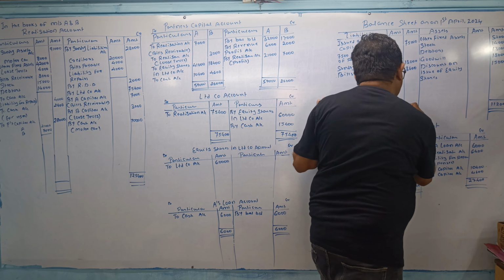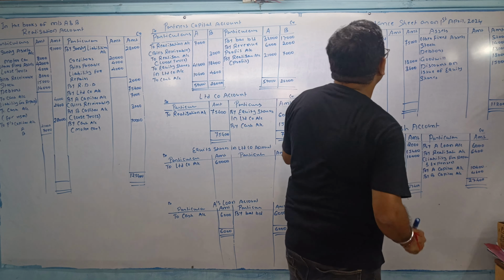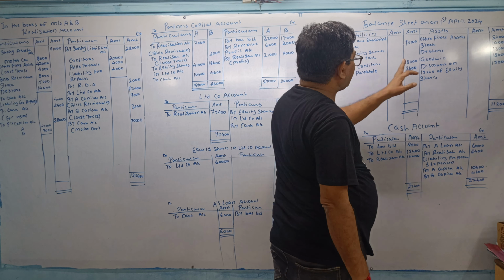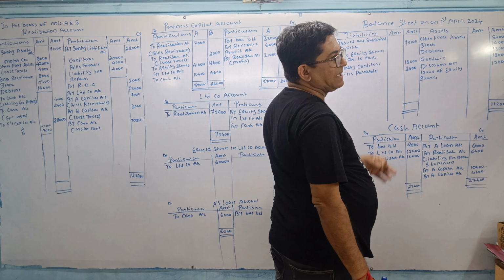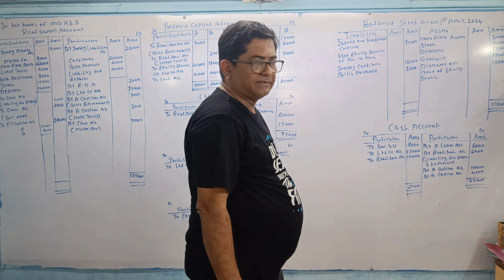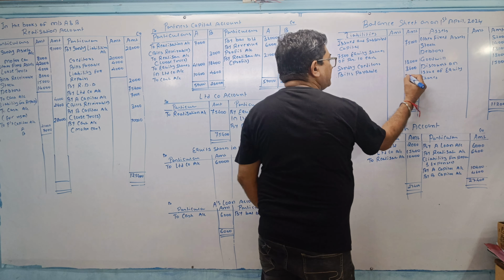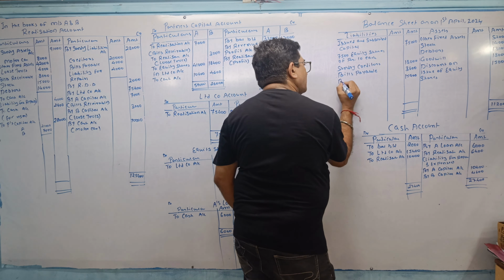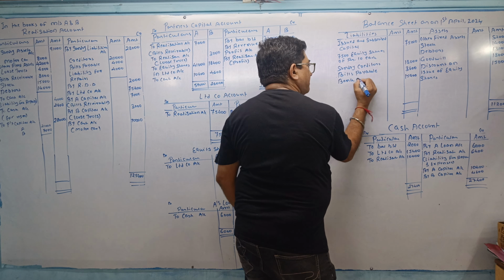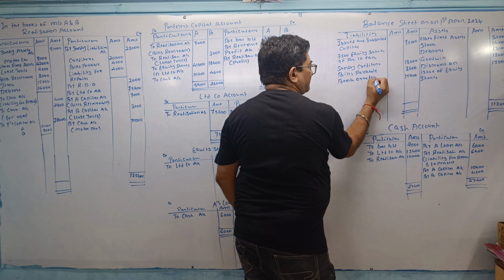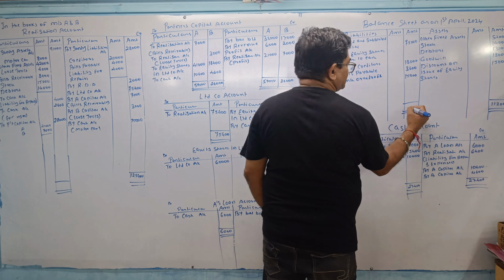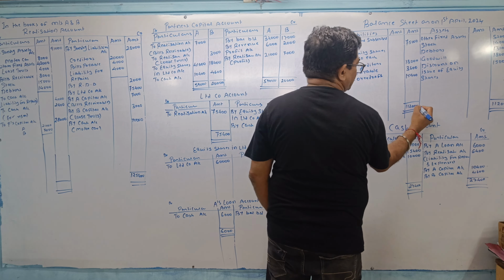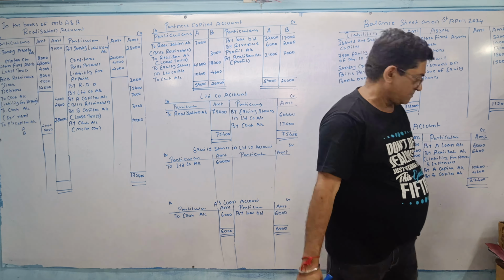Asset side, liability side, 75 and 18, 93 and 3, 96,600. बाकी का 15,400 जो हमने कैश में पेमेंट किया है पार्टनरशिप फर्म को, वो जाएगा बैंक ओवरड्राफ्ट। 1,12,000 बैलेंस शीट टाइम। क्लियर?